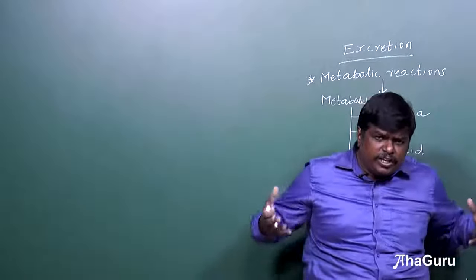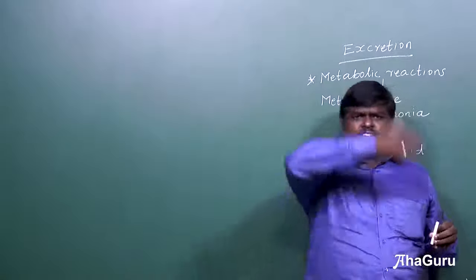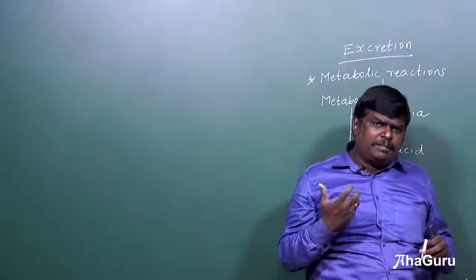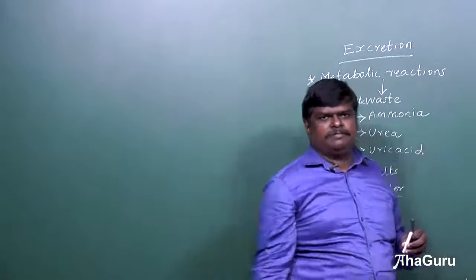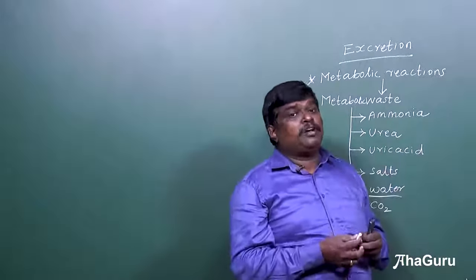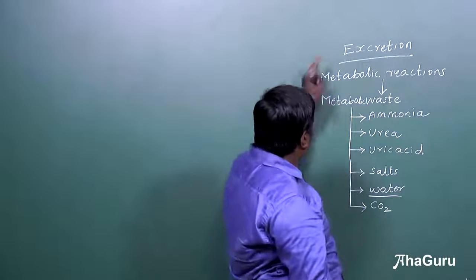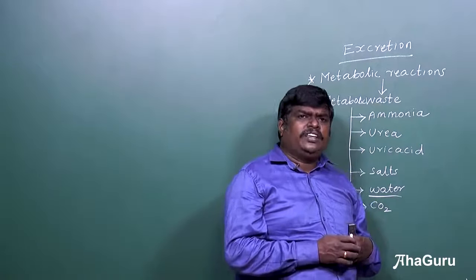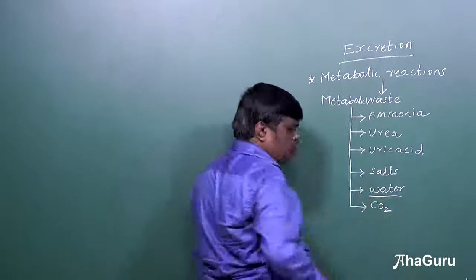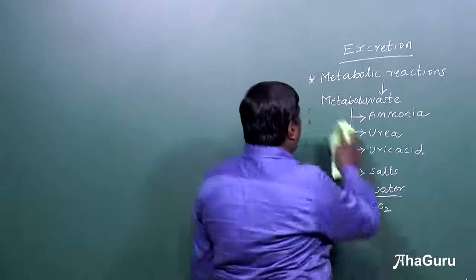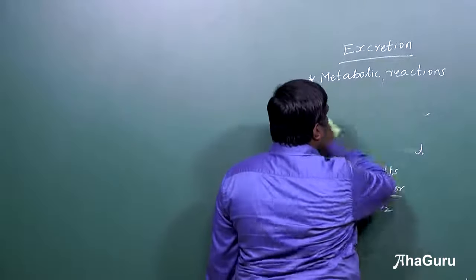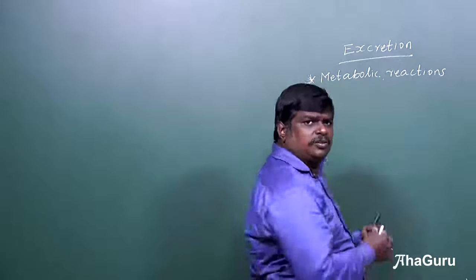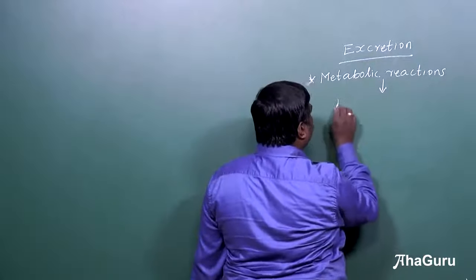Because a plant continuously absorbs water, it uses enough, but the excess water present in the plant, we call waste. It goes out of the plant by a process called transpiration. So these are all metabolic wastes. They should not remain in the plant or in animals. As I told you, metabolic reactions produce waste, and those wastes are called metabolic waste.